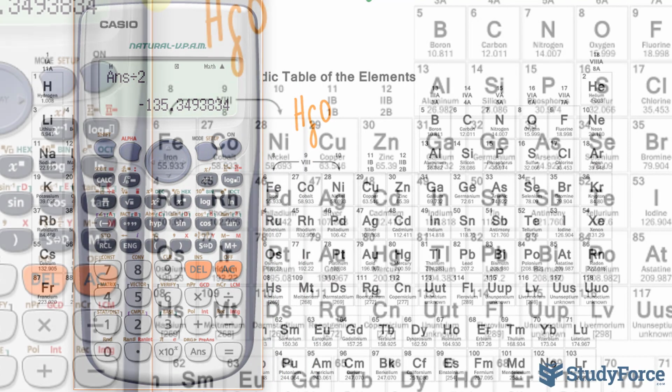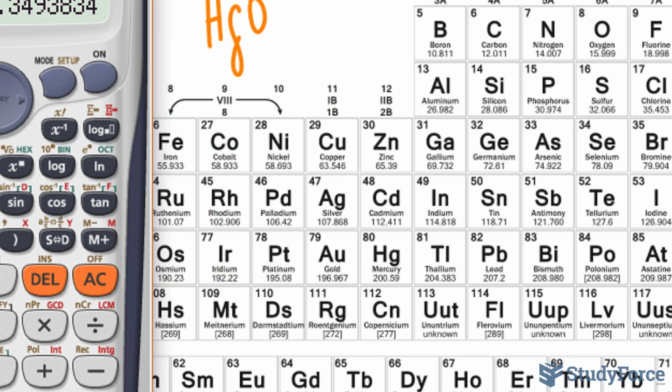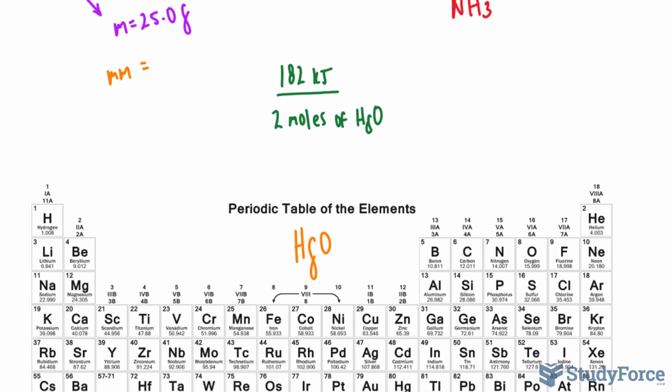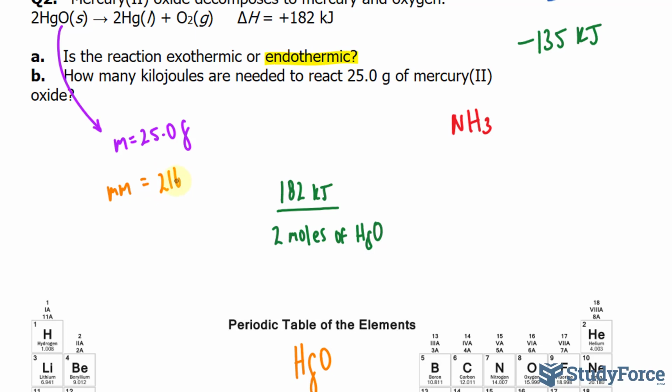Let's find mercury here. Mercury is found right here. Its molar mass is 200.59 plus 16.00. That's the molar mass of oxygen. Adding those up, we get 216.59. 216.59 grams per mole.